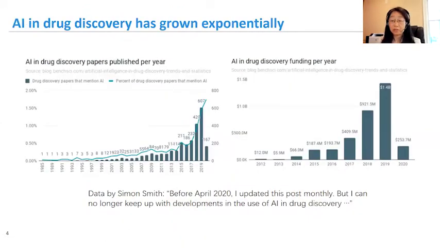Just to further support that notion, here's a graph of all the activities of AI in drug discovery publications on the left, and also the venture capitalist activities on an annual basis in the recent past.